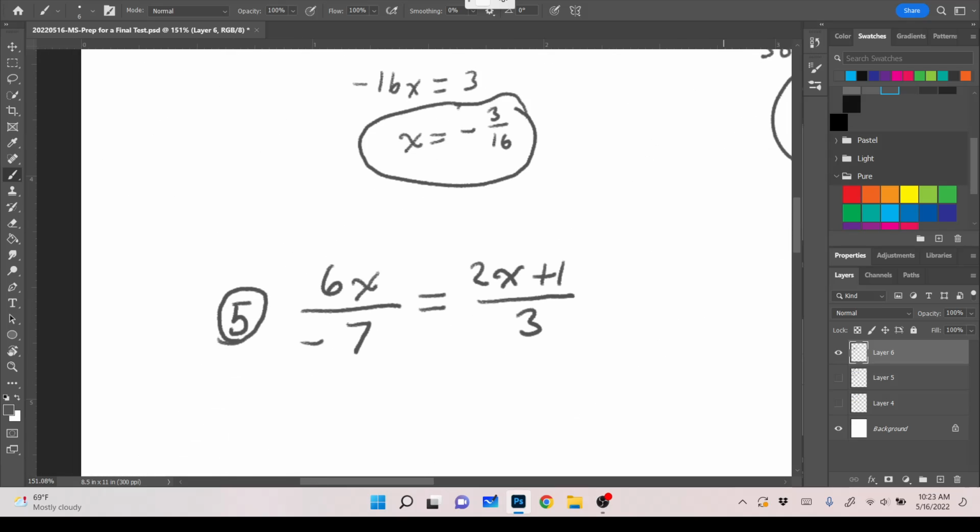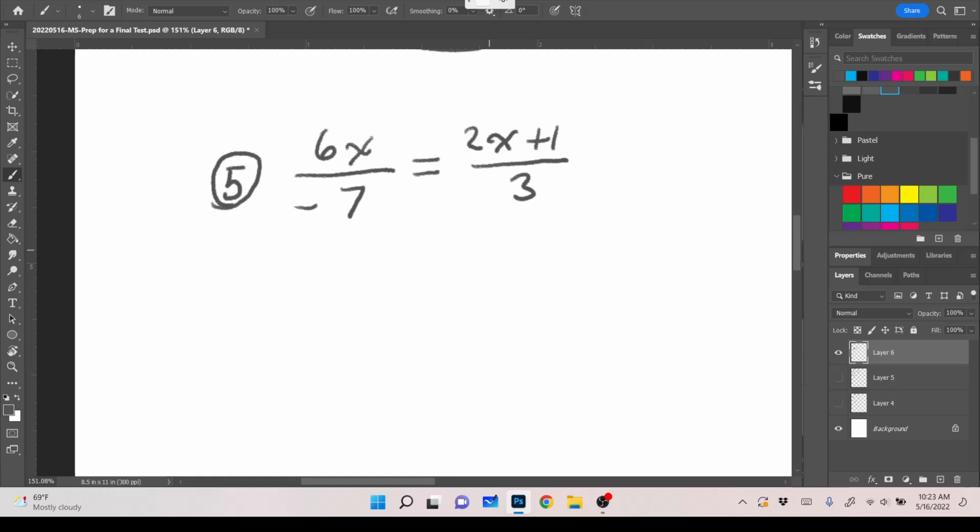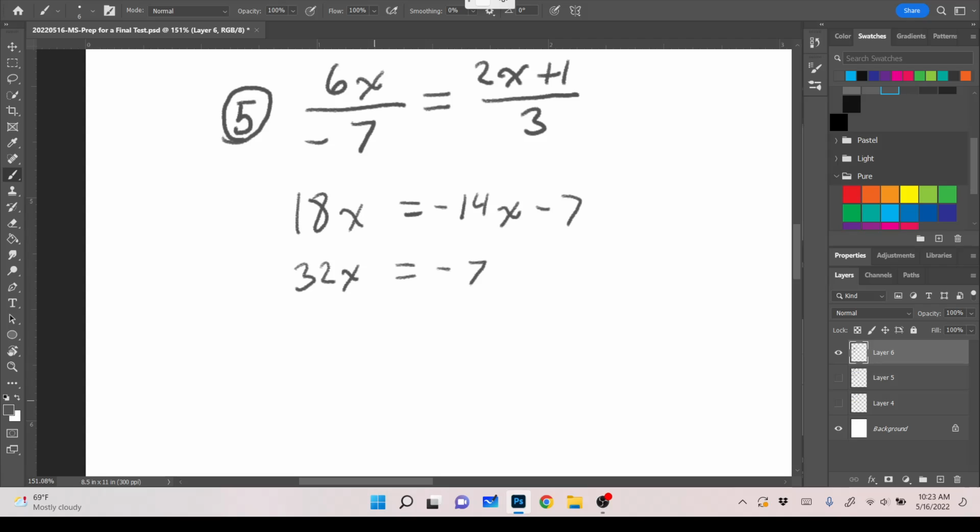Okay. Number 5, let's see. Let's finish it real quick. Number 5, machine. There we go. It is 18x equals negative 14x minus 7, which would be 32x equals negative 7, which means the final answer is x equals negative 7 over 32.